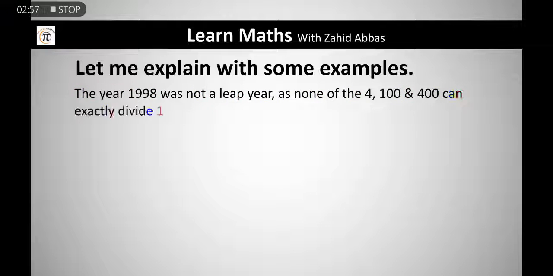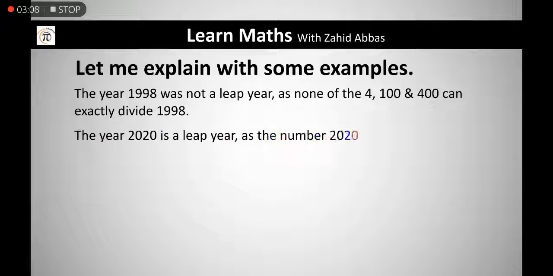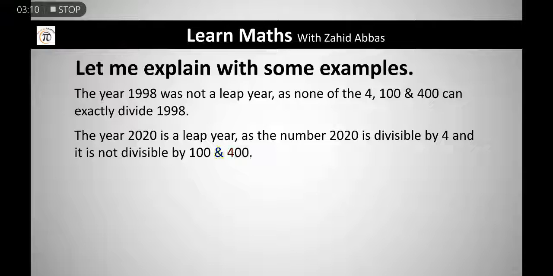The year 1998 was not a leap year as none of 4, 100 and 400 can exactly divide 1998. The year 2020 is a leap year as the number 2020 is divisible by 4 and it is not divisible by 100 and 400.